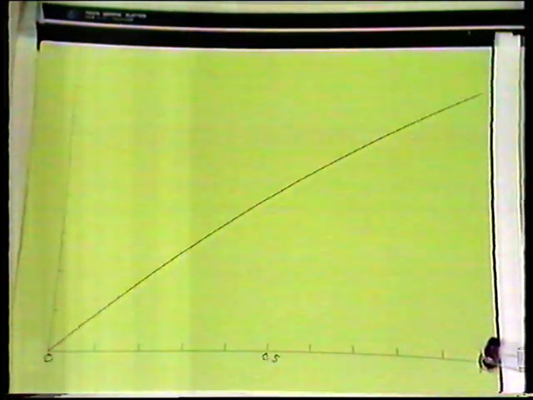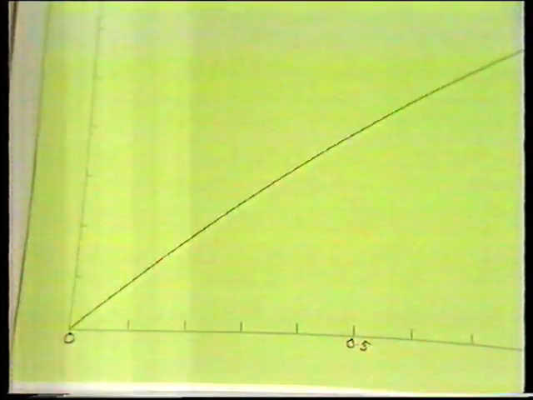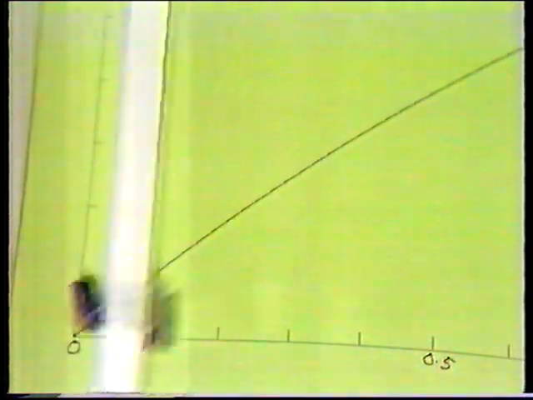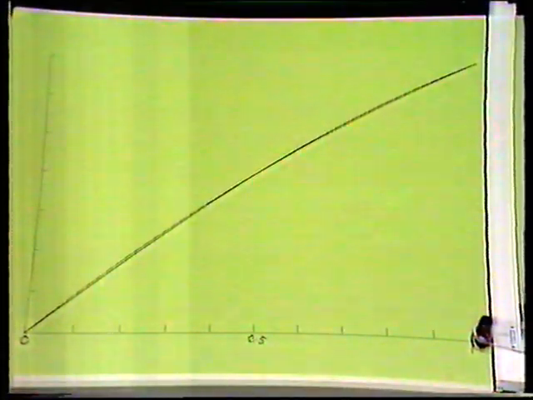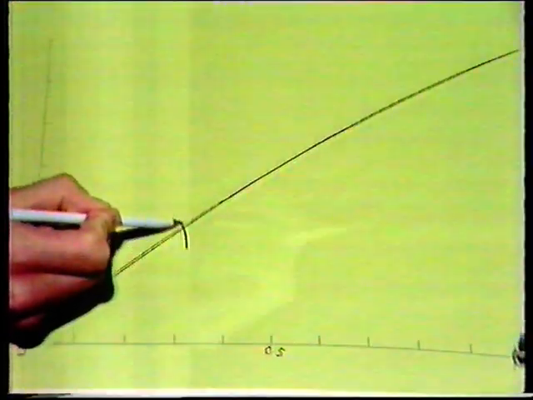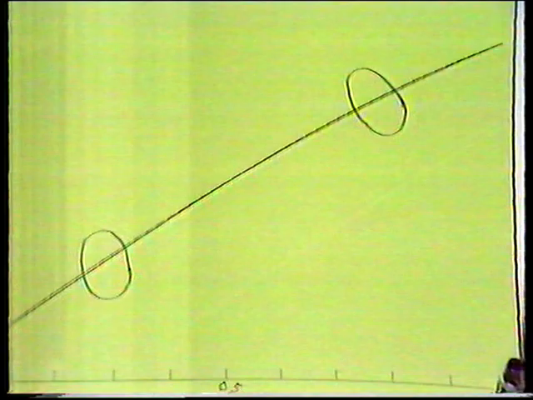So let's see what the quadratic fit looks like. Well, that looks quite reasonable, but there is a discernible difference in this area here and also here. And this difference represents an error of about 0.01.